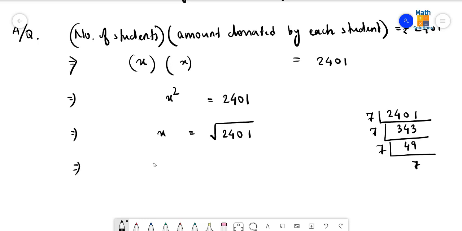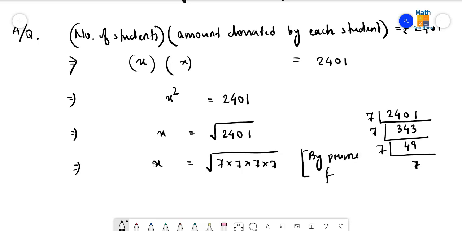So what do I get? 2401 is equal to 7 into 7 into 7 into 7. By the side we shall be writing "by prime factorization". The method we are opting for, we must mention it. Then from each pair I have to take out one number, so it will be 7 into 7 ultimately.